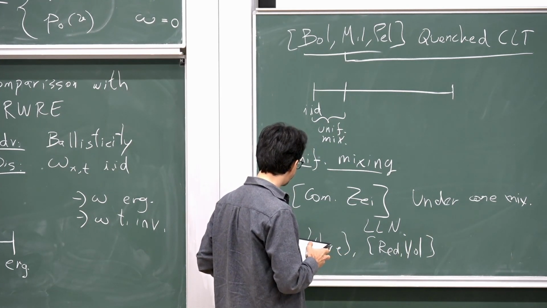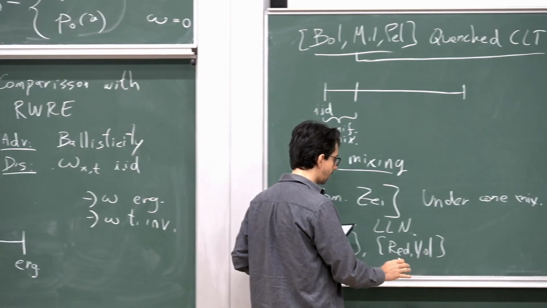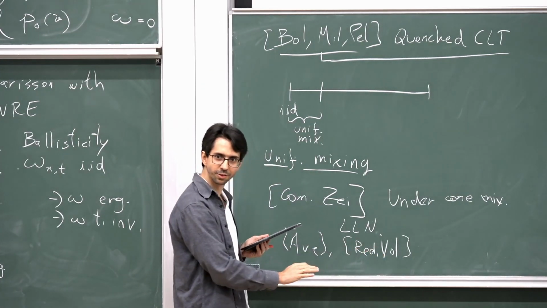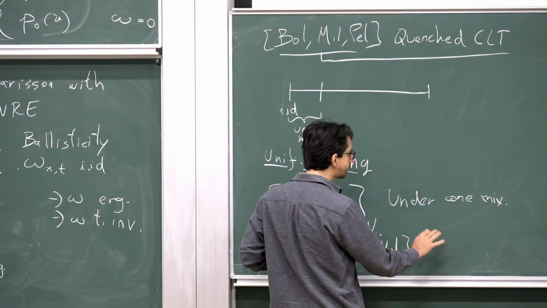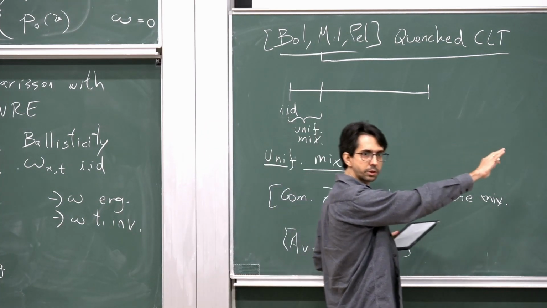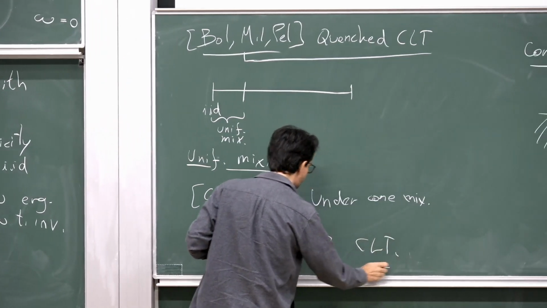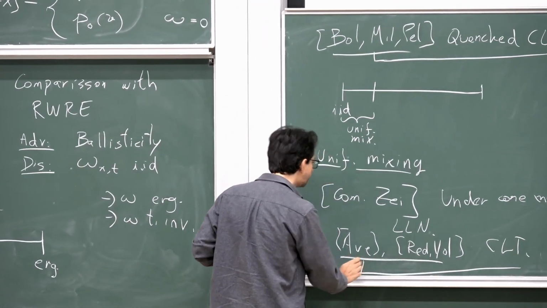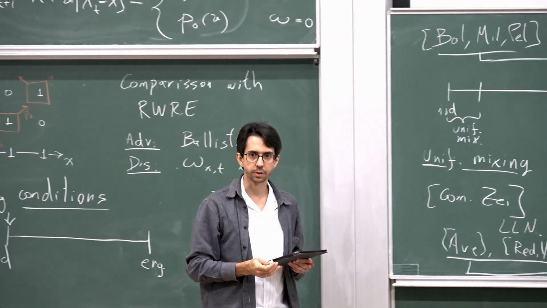I may be missing more people, but I don't claim that my citations are going to be complete, sorry. But now you basically have, under different conditions, but of similar spirit, a central limit theorem. So it's not unfair to say that this is a well understood region of the dependence space.